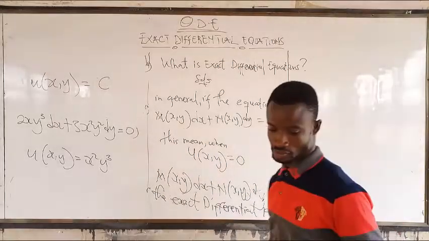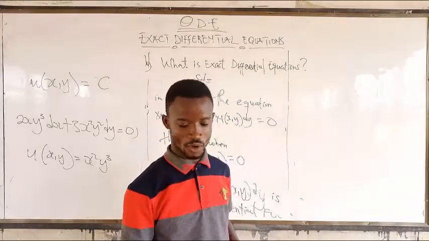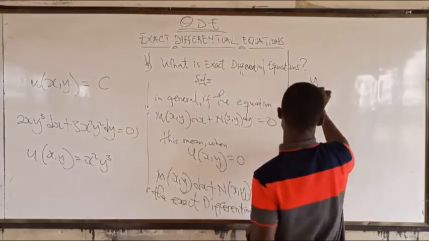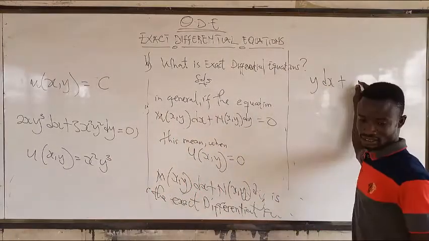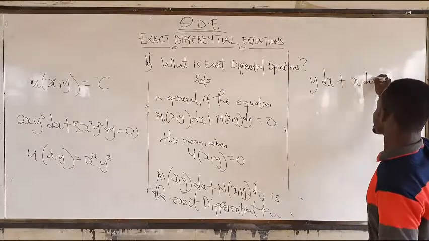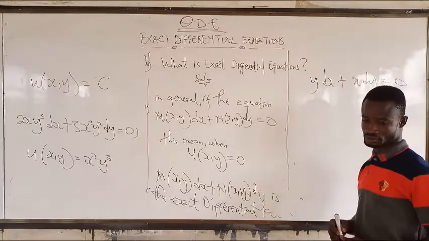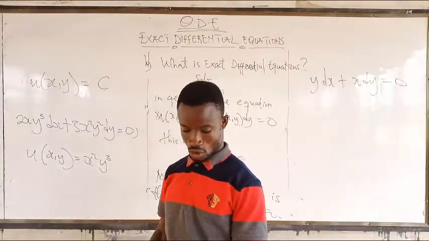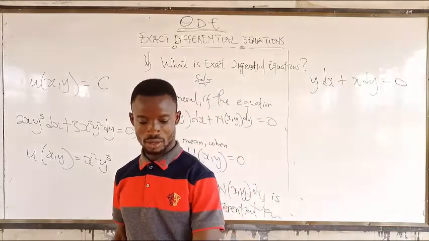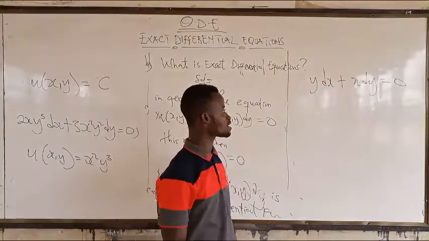All right. So, for instance, if you have y dx plus x dy to be equal to 0. So, what is the left hand side?